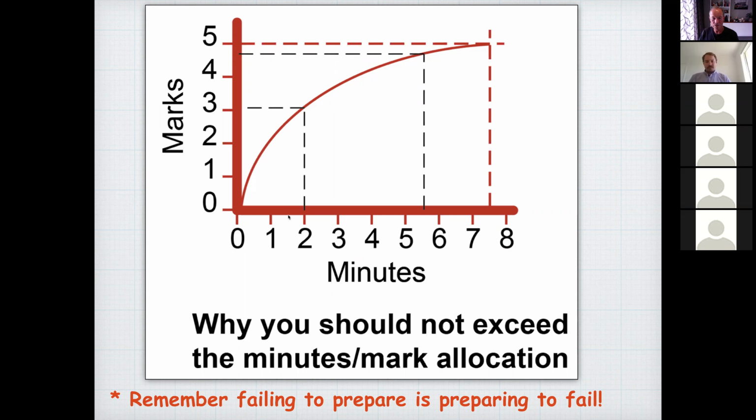But if you start the next question, look how many marks you can gain in 2 minutes. You can gain more than half the marks, because you're indicating how you're going to answer that question, and it's a valuable way of doing examinations. And so if you have to go over time, put a star next to that question and come back to it when you've finished the exam.